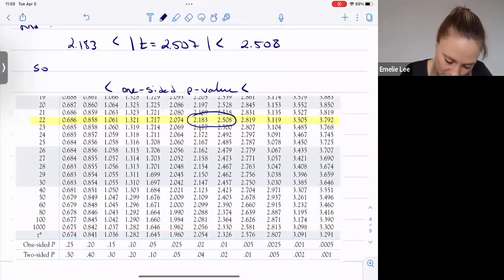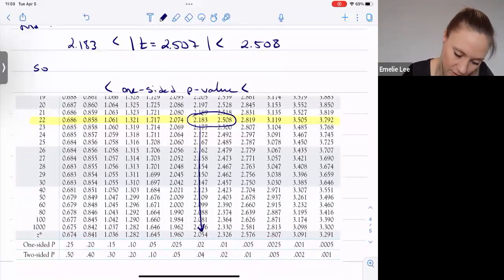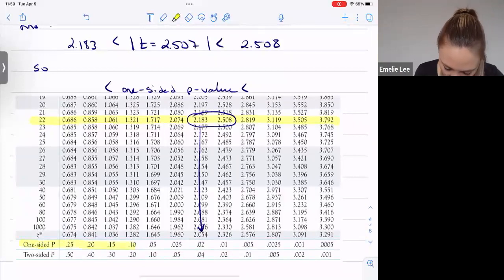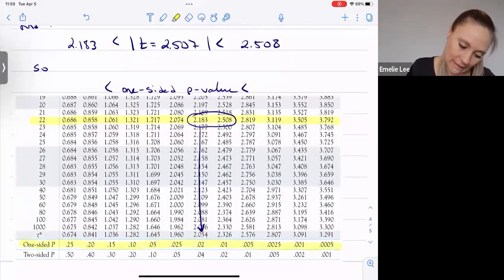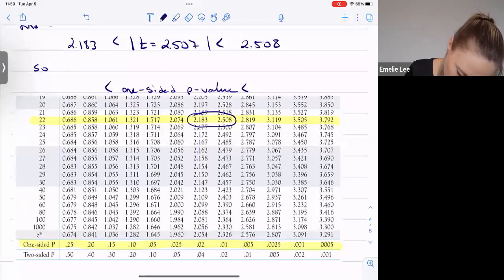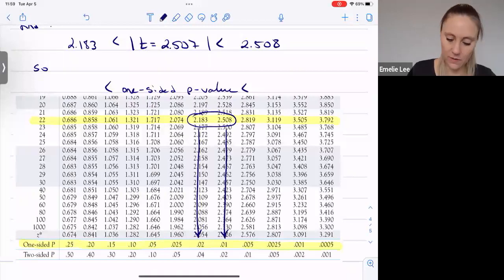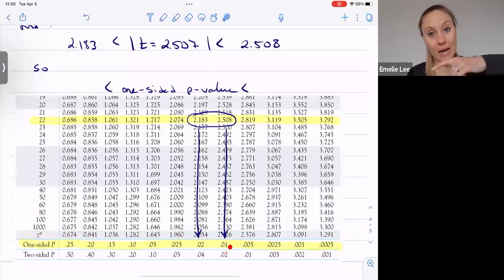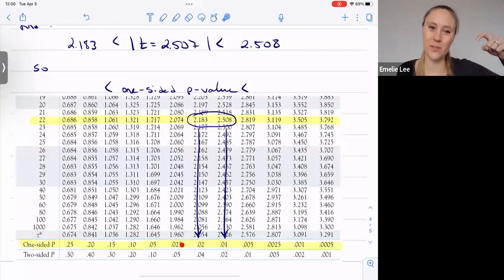So my one-sided p-value, let's highlight those here, is going to be between these two values, but I have to read them from right to left, because I have to list the smallest value first and then my bigger value.